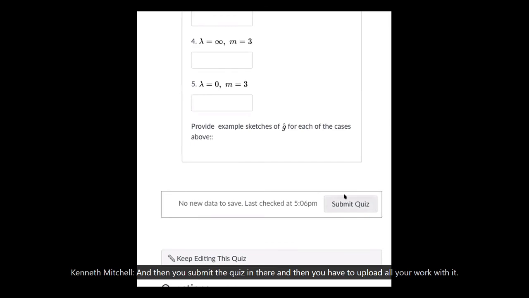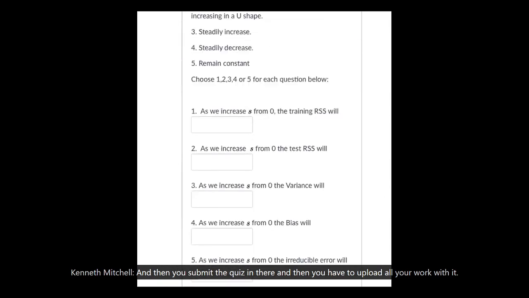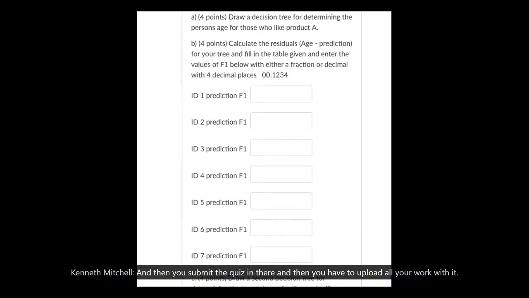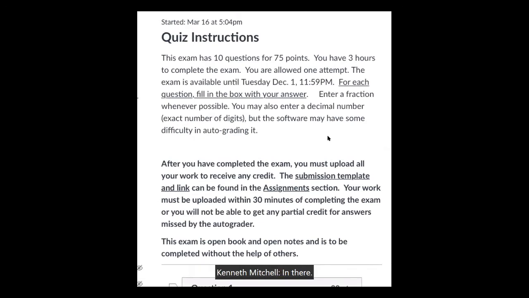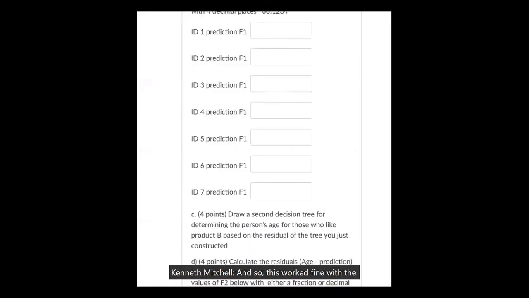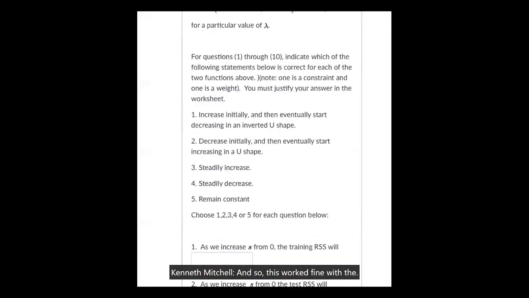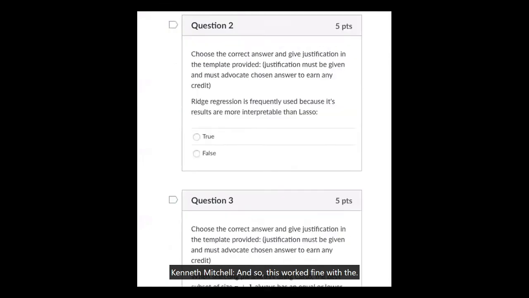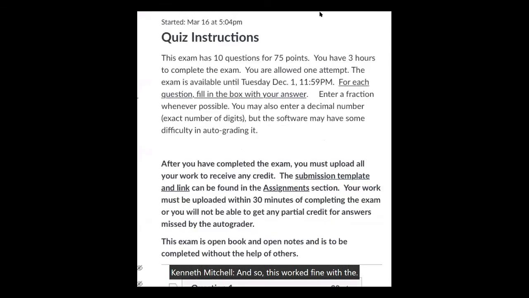And then you submit the quiz in there, and then you have to upload all your work with it. This worked fine with the lockdown browser, I think.